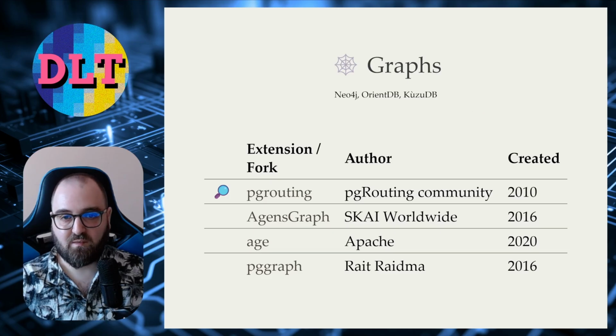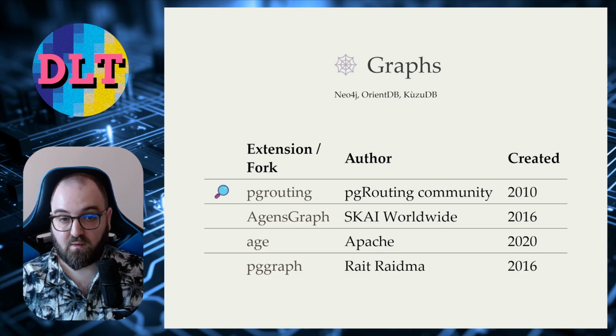For Postgres, we've got a few options, none of them particularly good. We've got pgRouting, which is based on PostGIS, and it is extremely directed at geographical graph computation, so computing shortest paths or computing high pressure points on traffic networks.